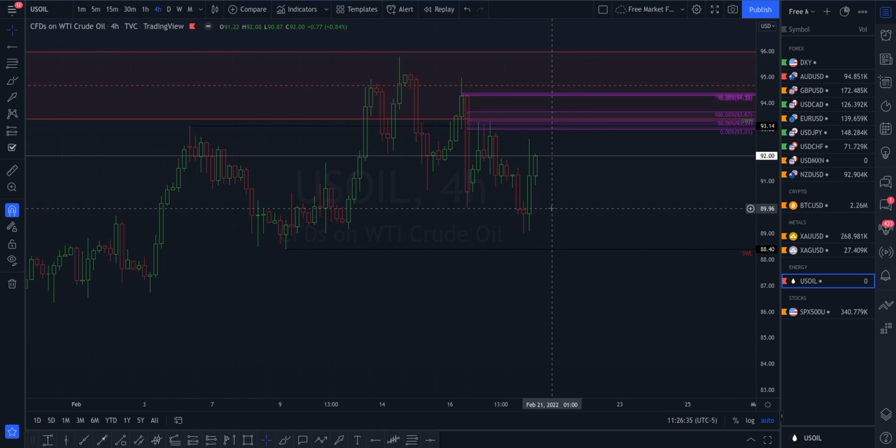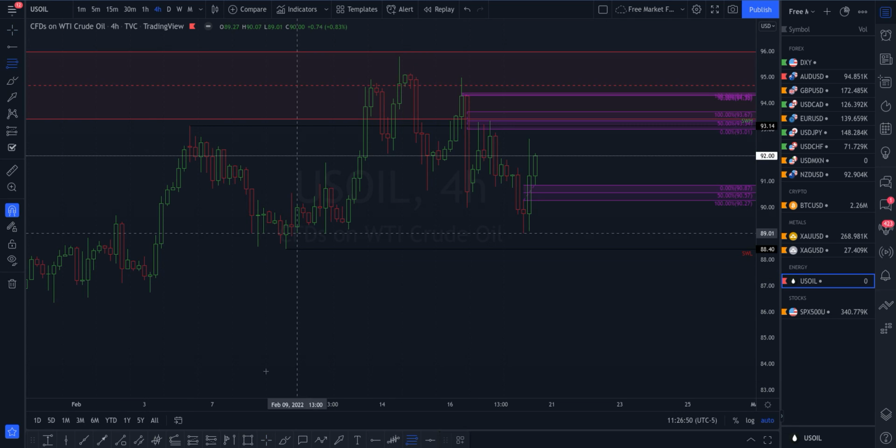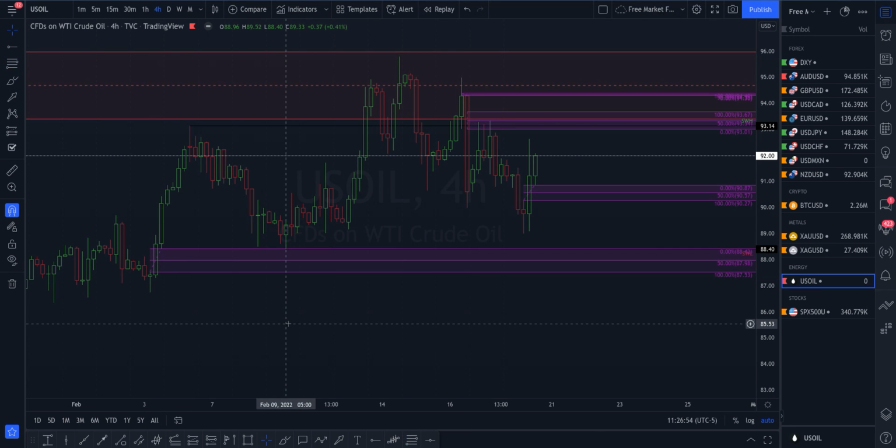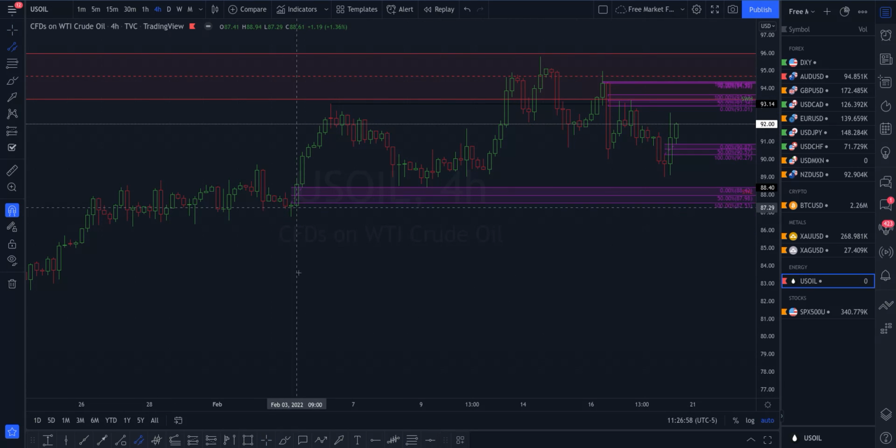Right now, I do see buy side imbalance. Oops. All right. I see buy side imbalance along with unmitigated demand zones on the 4 hour.